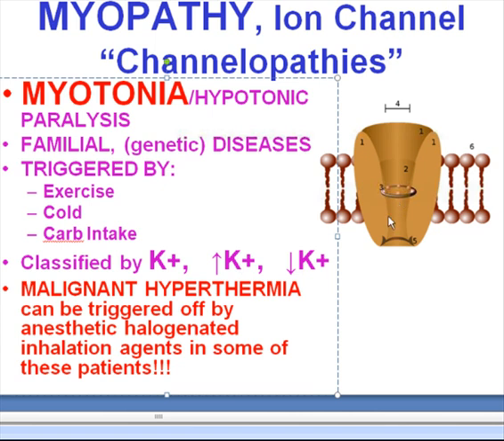But the most common presentation of a baby that's born with a congenital myopathy is that they have hypotonia, or they're floppy.